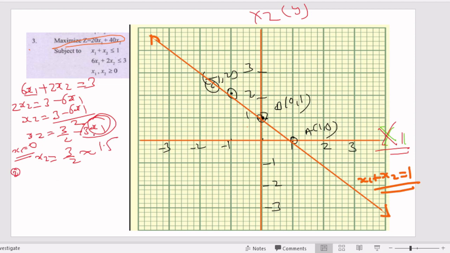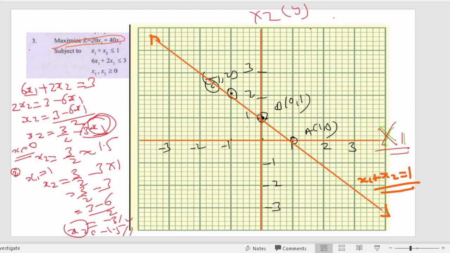If I substitute x1 is equal to 1, what will happen? x2 equals 3 by 2 minus 3 into 1. So 3 by 2 minus 3. If you solve it, 2 threes are 6, 3 minus 6 divided by 2. That is minus 3 by 2. So x2 is minus 1.5. Let's draw the table.